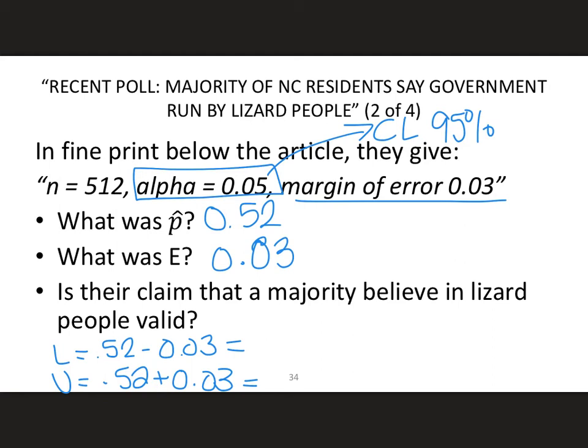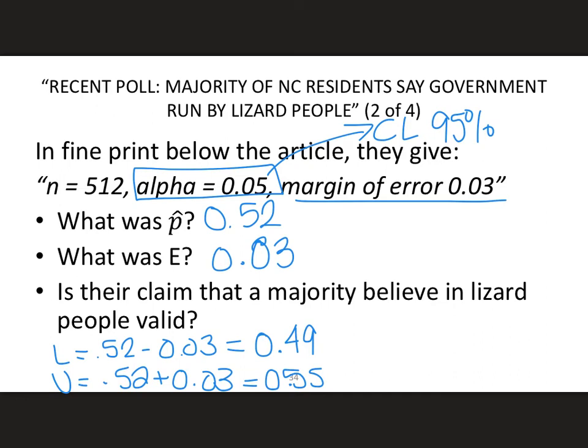When you do 0.52 minus 0.03, you get 0.49, and then when we add, we get 0.55. So this confidence interval is from 0.49 to 0.55, or 49% to 55%.